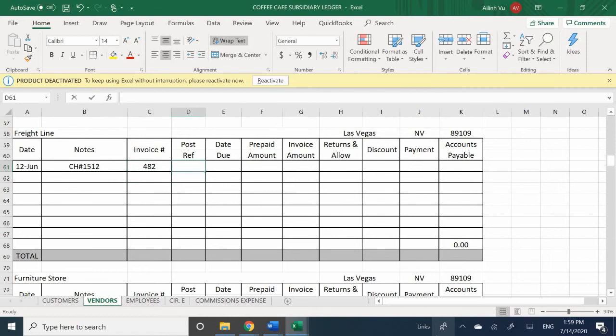Post reference, my general journal number 4. My due date, I didn't have one. I did not make any prepaid, but my invoice amount was for $62.50. And lastly, I made the payment for the $62.50. I wrote a check.